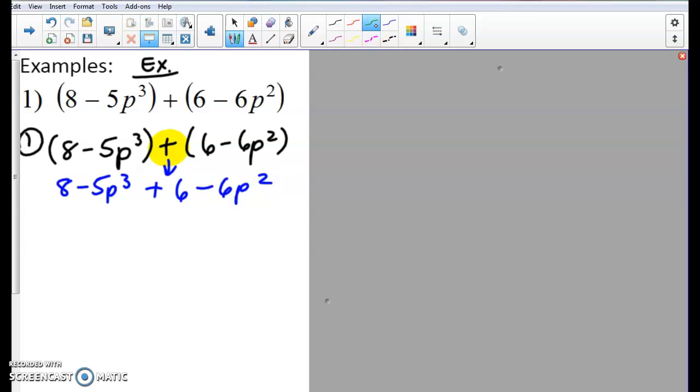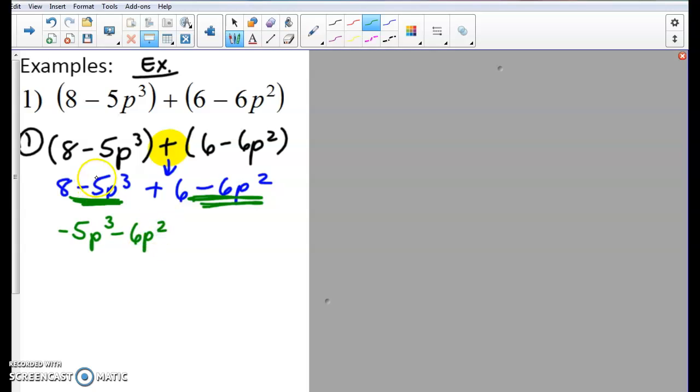So I'm going to start off with my highest exponent. My p cubed here is my highest exponent, and it's a negative 5p cubed. And we look through right here, there's not any more p cubed, so I just drop it down. So it's going to be a negative 5p cubed. My next highest is p squared. So I have a negative 6p squared. If you look across here, I don't have any other p squared, so it's just going to drop down, negative 6p squared.